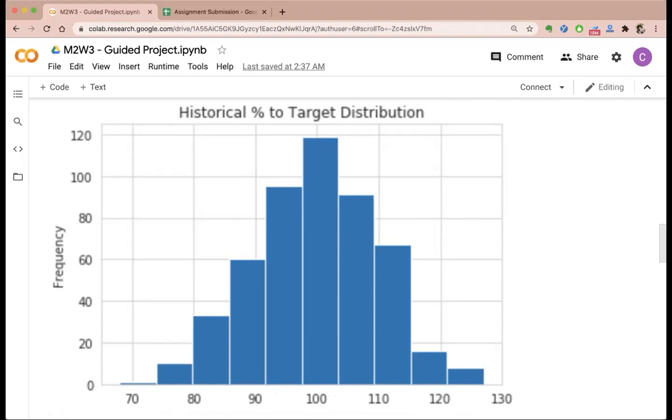Will I see an equal number of observations in each of these buckets? Let's say I take 600 samples from this population. Will I see 100 numbers here, 100 here, 100, 100, 100 here? Will this be how the distribution looks?